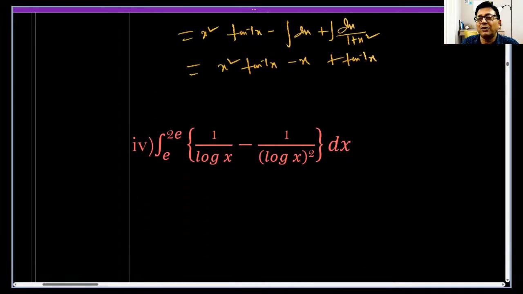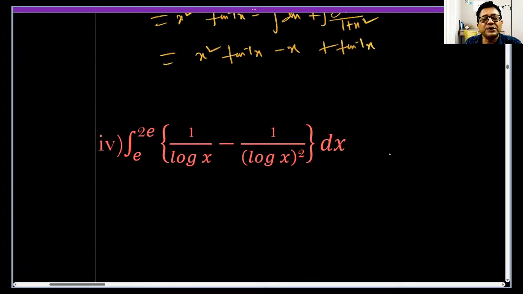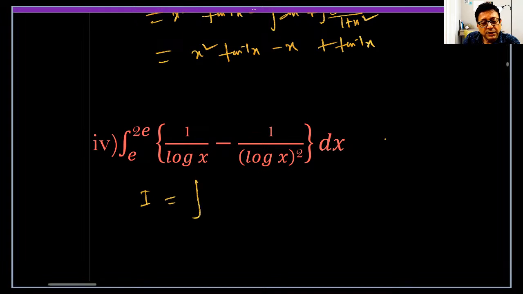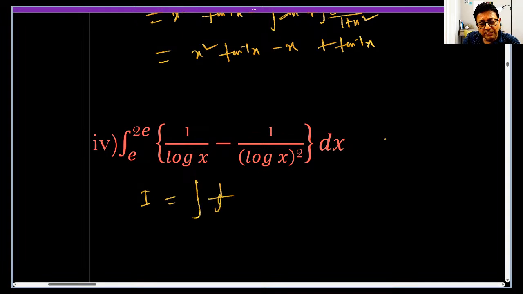e to 2e, 1 by log x minus 1 by log x whole square. How to do it? And then I will show you how to solve summation of series by using definite integration. This one is a bit difficult sum. 1 by log x minus 1 by log x whole square. This we can simplify. If we take the indefinite part, you can substitute also, depends.